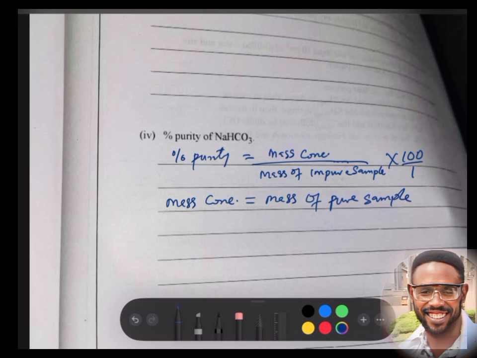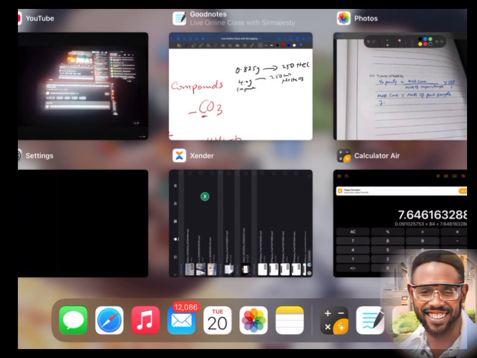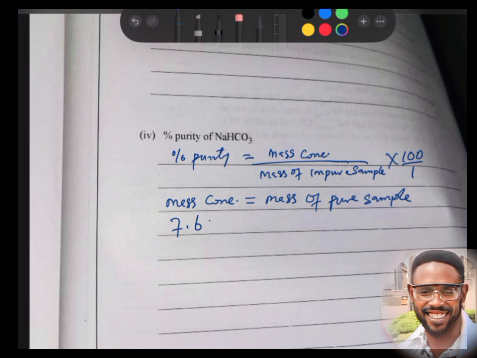When you bring a magnet, the magnet will just pick the iron filings and leave the sand behind. So the impurity is just like the sand, and the pure sample, which is a base, will be the only one to react with the acid. So out of the whole thing they provided, we are looking at the pure sample as 7.65 gram.